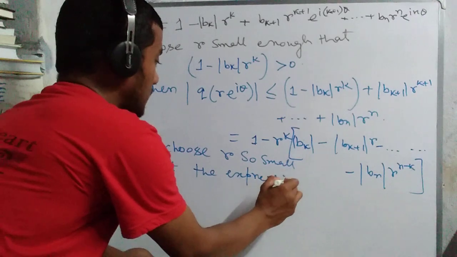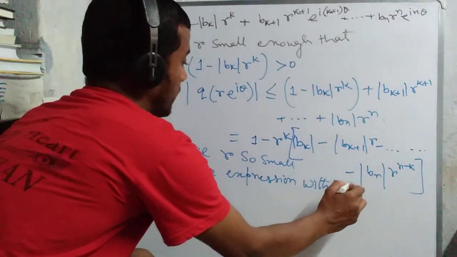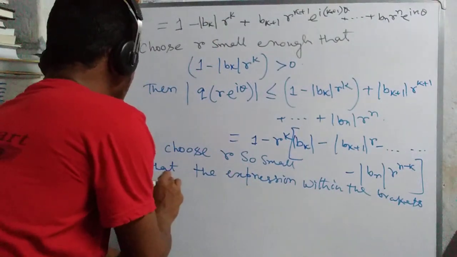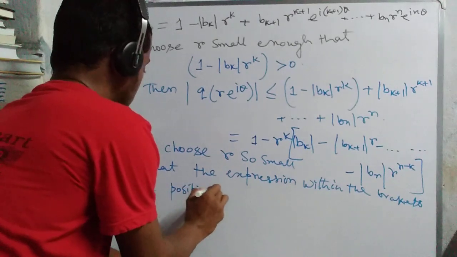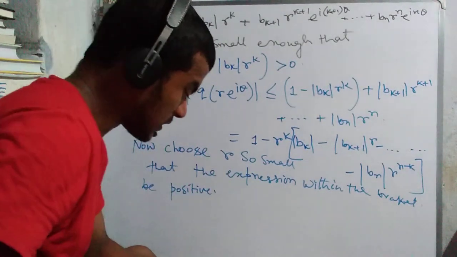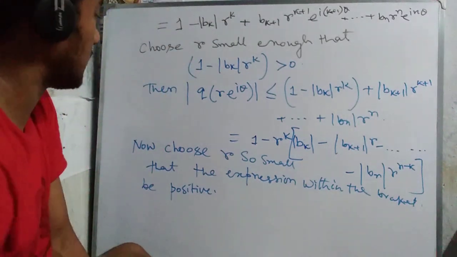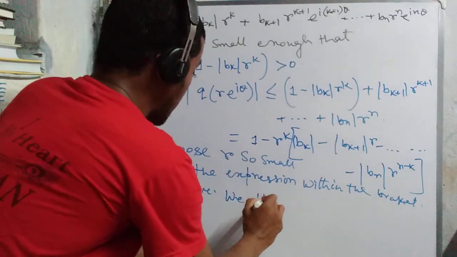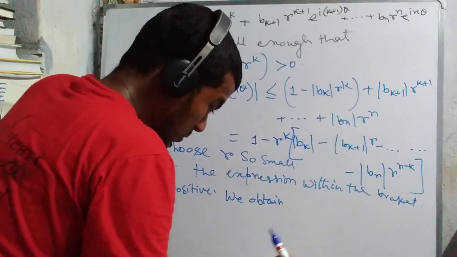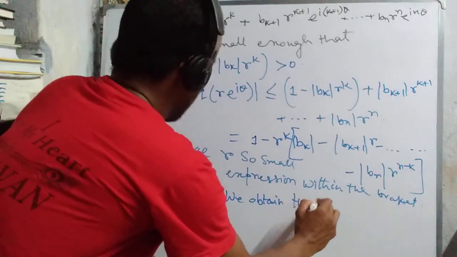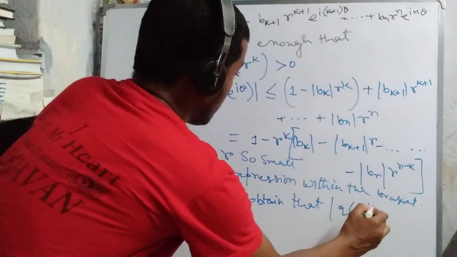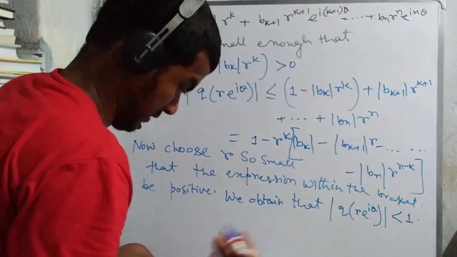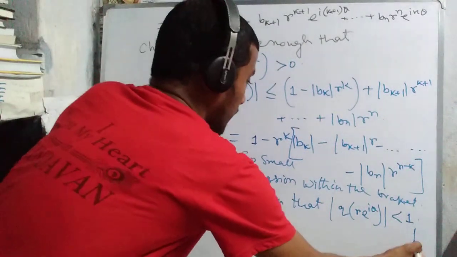Then obviously we obtain that the modulus of q(re^{iθ}) is less than 1. But this is a contradiction.